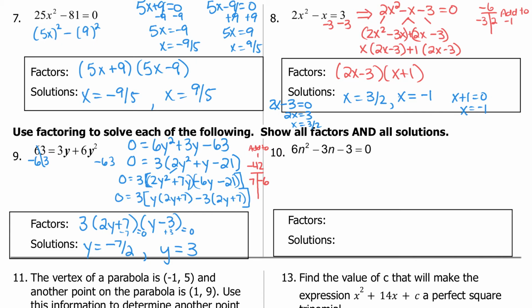All right, let's look at this next one. 6n squared minus 3n minus 3. So we can divide all of those by 3. And we're going to have 2n squared minus n minus 1.